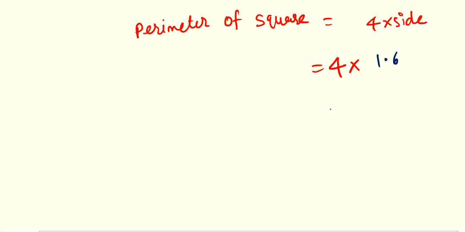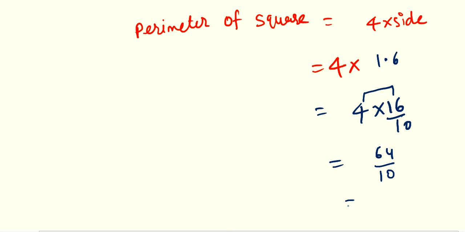So just multiply: 4 into 16 upon 10. So 16 into 4 is 64, divide by 10. So you can write 6.4. So 6.4 meter is your perimeter.